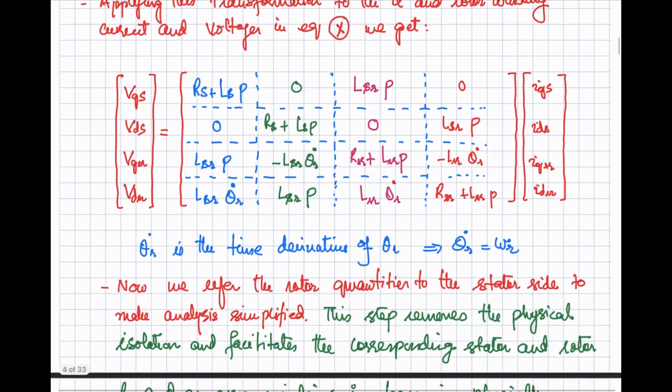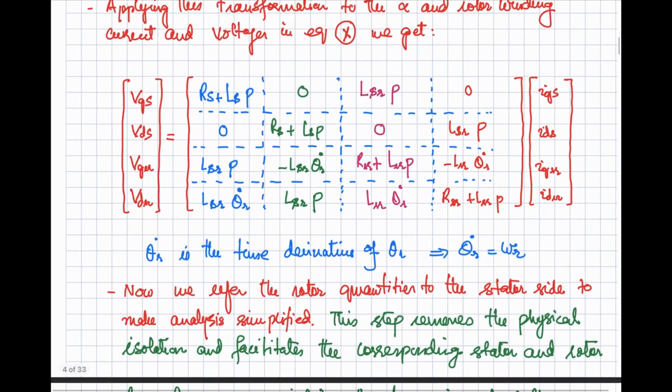So theta r is the position of the rotor alpha beta frame with respect to the dq, and its rate of change is the rotor speed. So the time derivative of theta r is equal to your rotor speed.